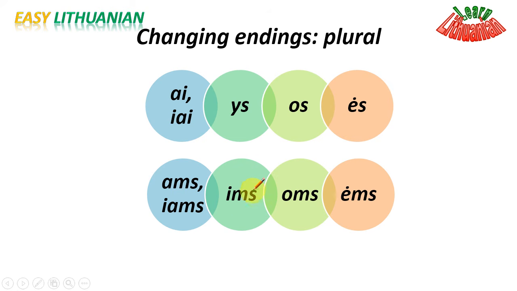So that's not good news for foreigners, since it's a bit harder to determine whether it was the dative case or some other case. But just remember that if the ending is m, perhaps this is dative case. You know this letter m is not very easy to notice when listening to someone, but still you can notice it. Am, im, om, am.